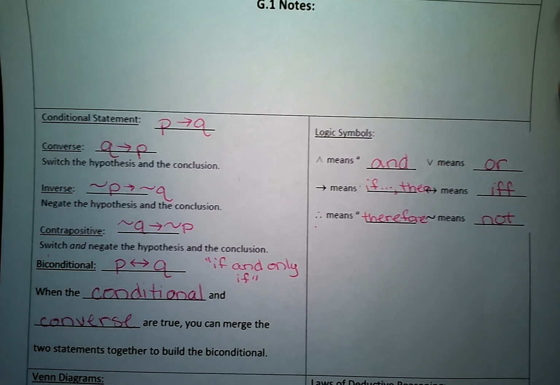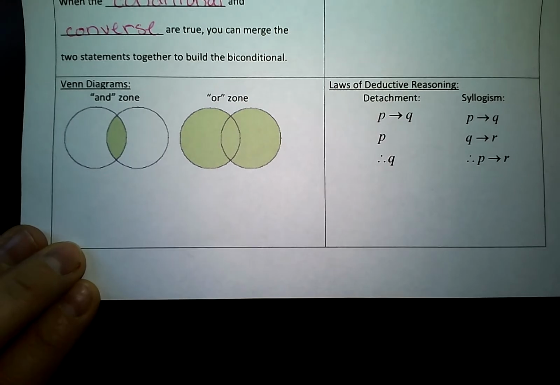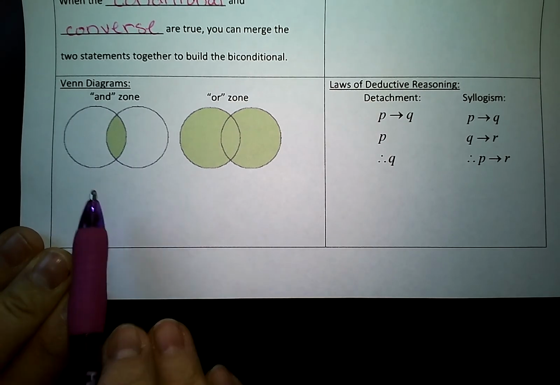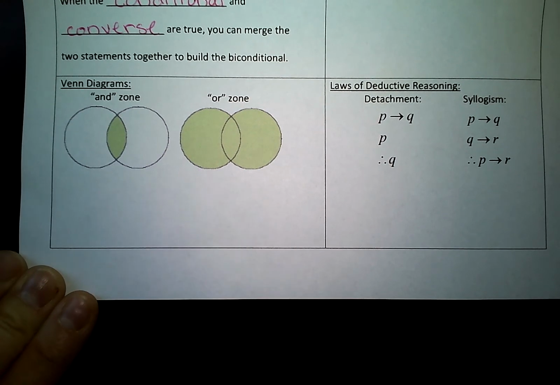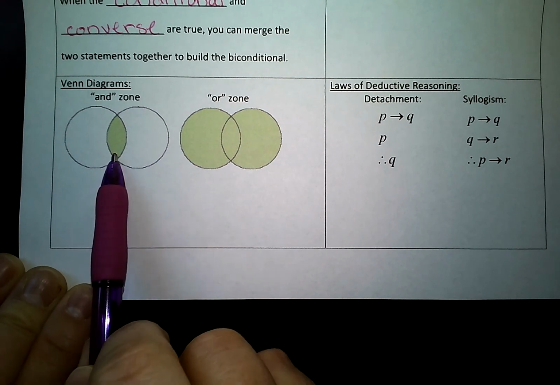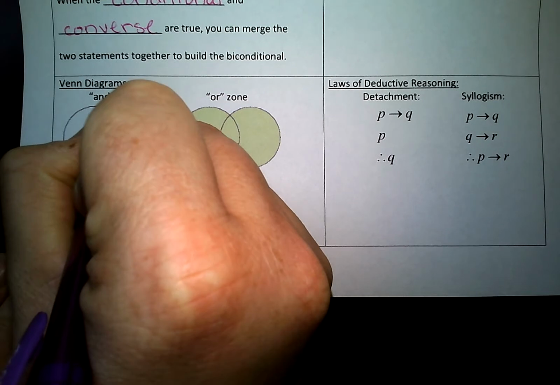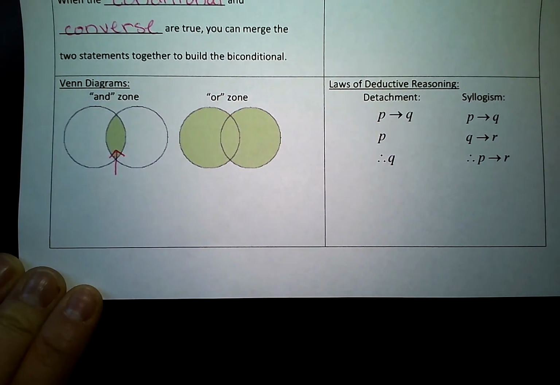Okay, a couple other things for us to review briefly are the Venn diagrams. This type of Venn diagram is often referred to as the sometimes Venn diagram, where you have a zone that's overlapped. This zone in the middle represents the and zone.